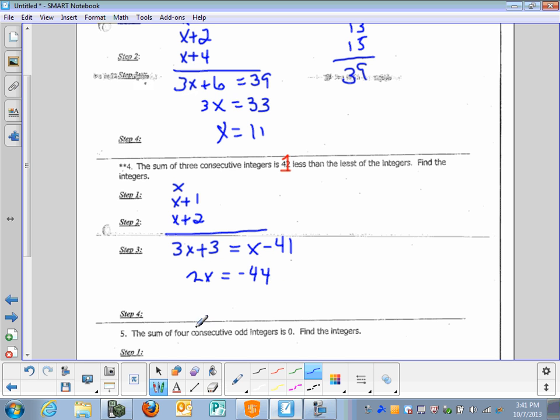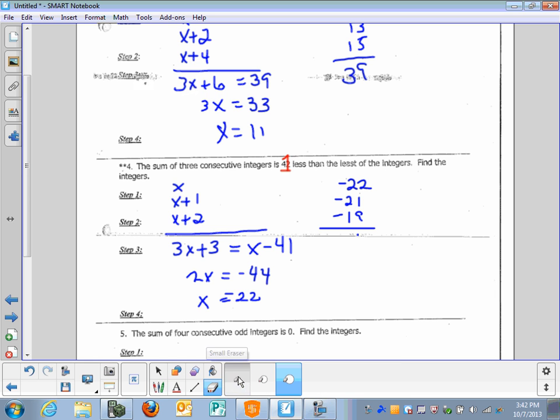So x equals negative 22. Let's sum that up. Negative 22, negative 21, and negative 20.